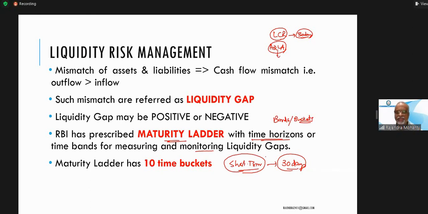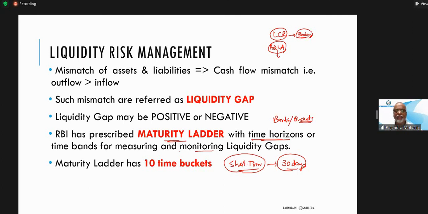So here also it is the same thing. RBI says that you should place all your deposits, assets and liabilities in the maturity ladder, then see the gap.